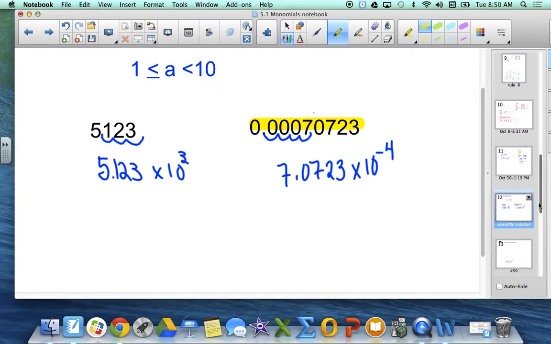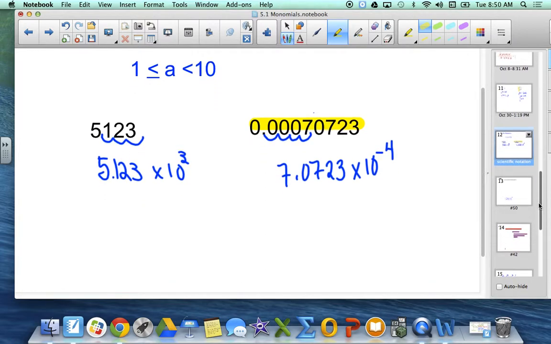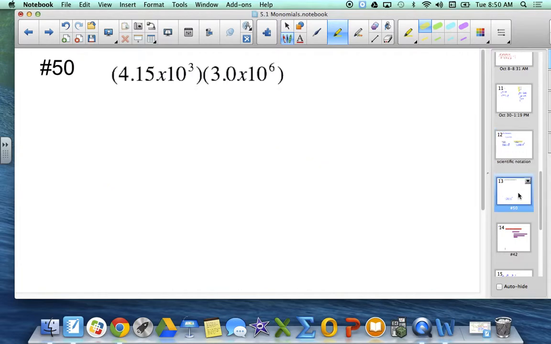Alright, so how is this going to be used actually? This problem is problem number 50 on tonight's homework. And so let's look at this problem because there's an easy way to work this problem and a hard way. And you don't want to do it the hard way, do you? No. Alright, first of all, multiplication is associative, so you can change the order.